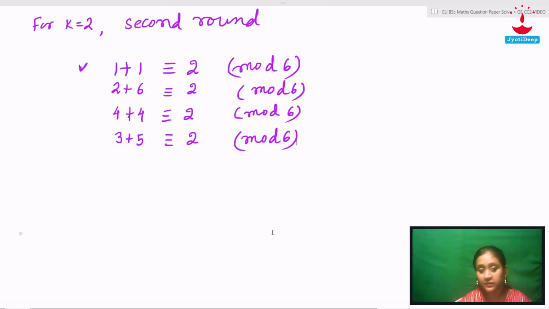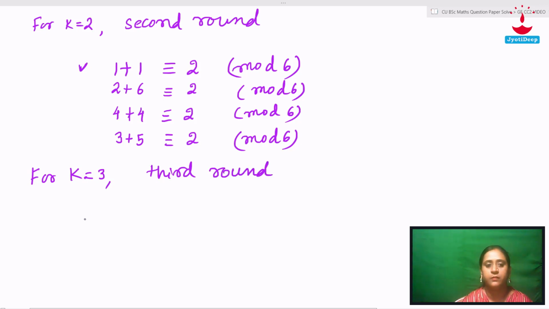Now for k is equal to 3, that means the third round. We can take 1 plus 2 congruent to 3 under mod 6.